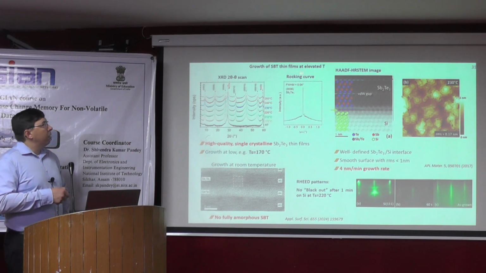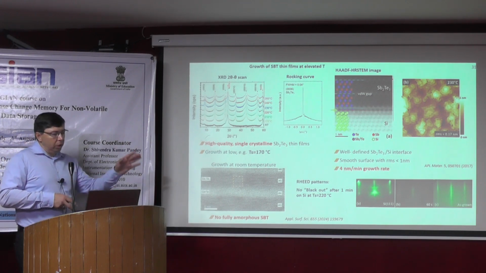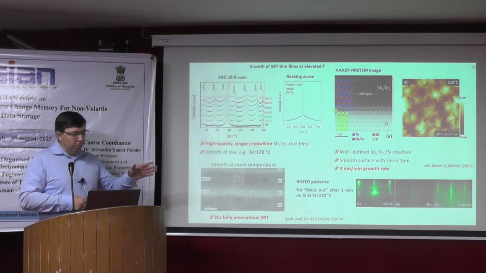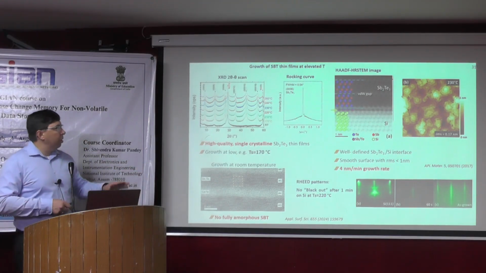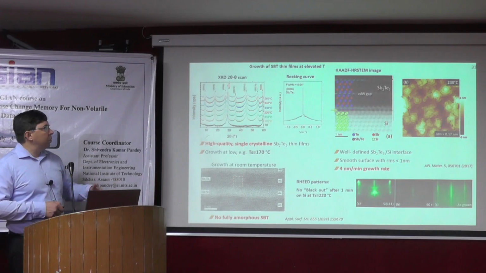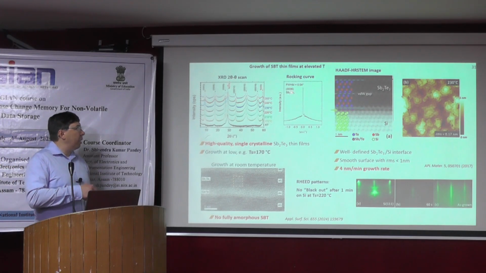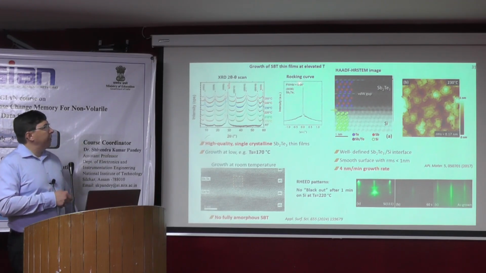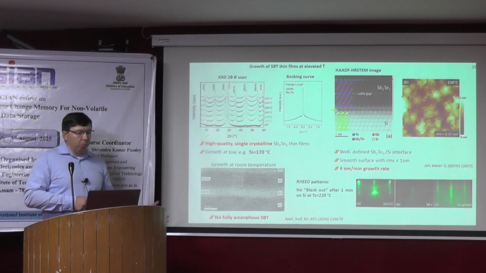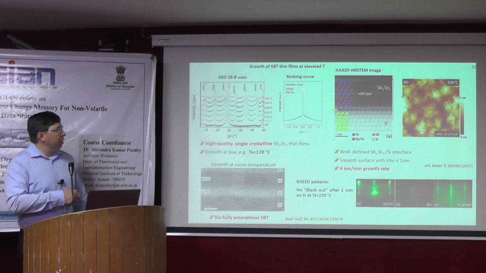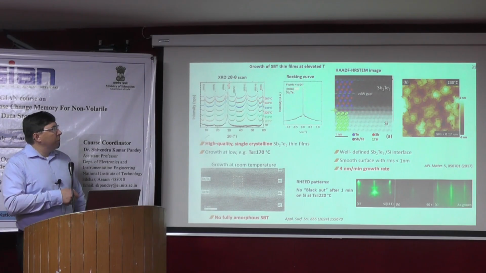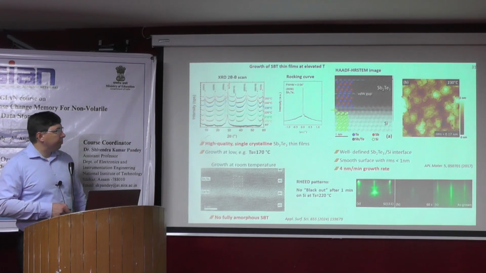And if you do rocking curve measurements, it shows you how many grains are tilted in your sample. You can find that this full width at half maximum is around 0.04 degrees on average. And for the substrate, it's a little bit lower, but on this average.